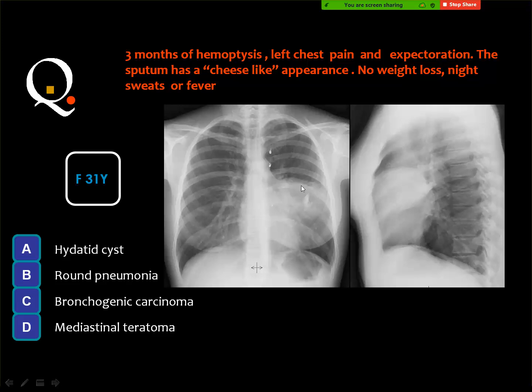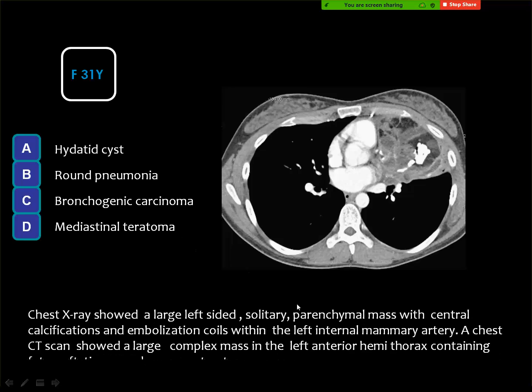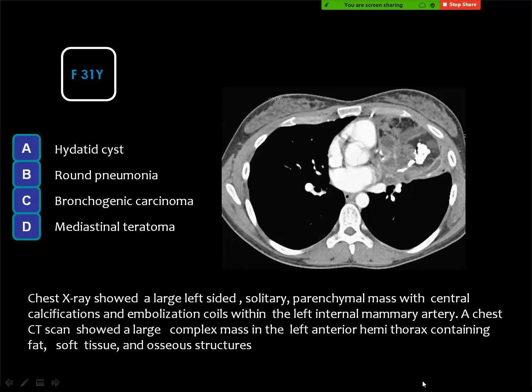It makes you feel that this lesion contains fat because of the light density of the lesion. Then if you have the CT scan and you see that there are fat and there is calcium and there are some fluids, the combination of all these three structures is diagnostic of mediastinal teratoma.